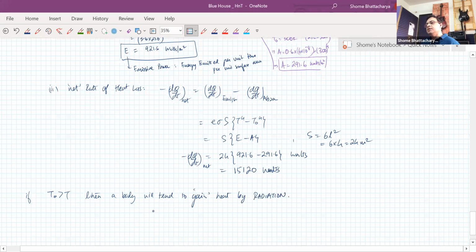And we will have plus dq by dt net become the rate of absorption minus the rate of emission. So that will tell us that plus dq by dt net will become E sigma into surface area into temperature of the surrounding to the power 4 minus temperature of the surface to the power 4.